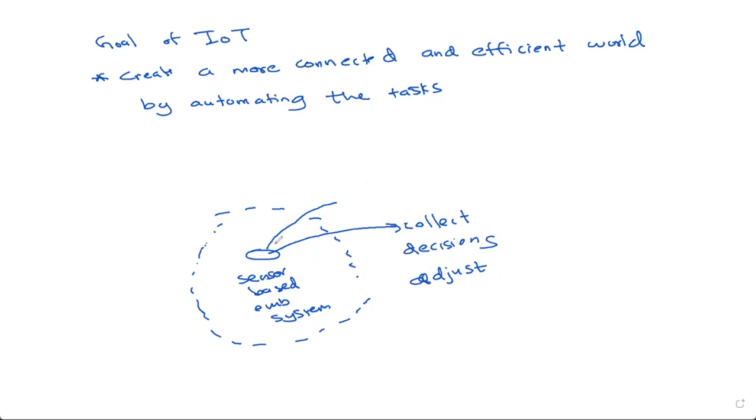So basically, the target is to make these sensor-based systems as automated as possible, such that the work that the humans have to do is less, right?